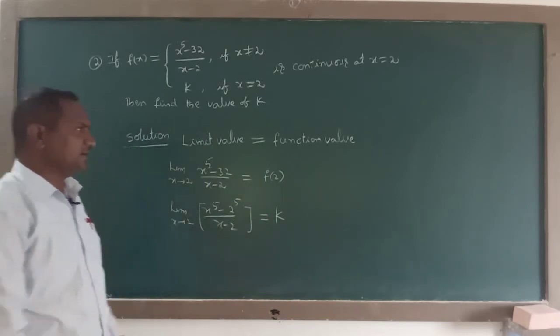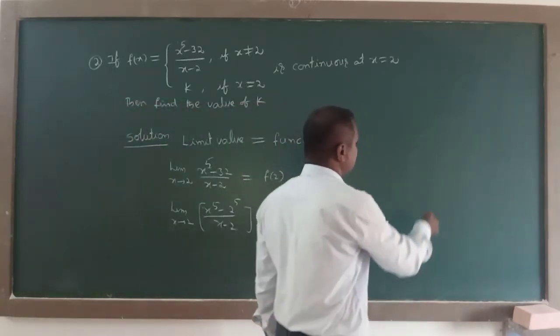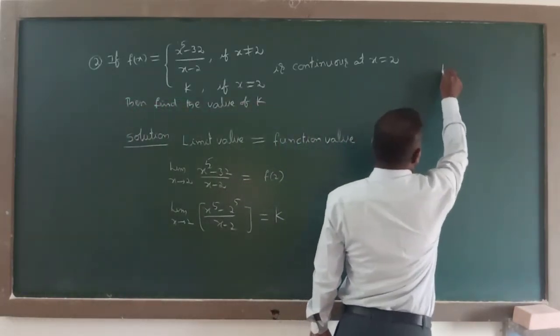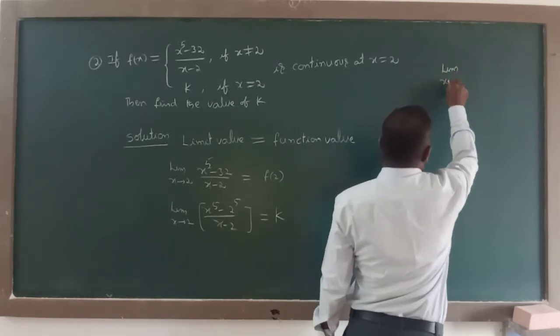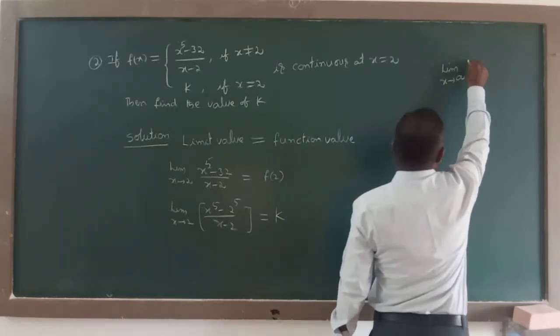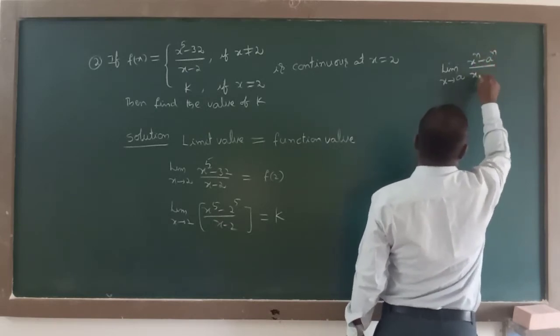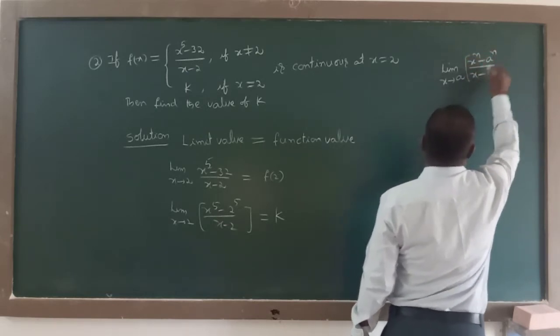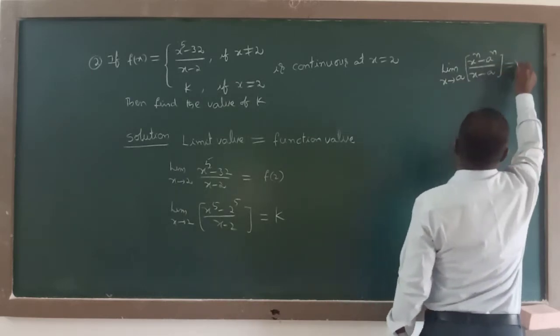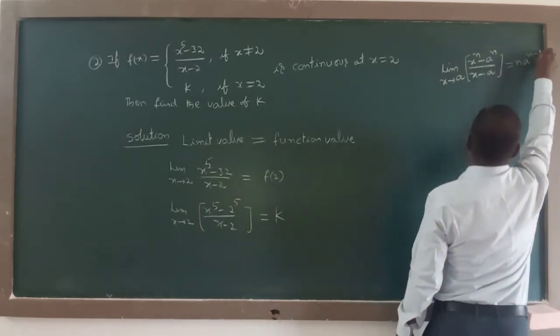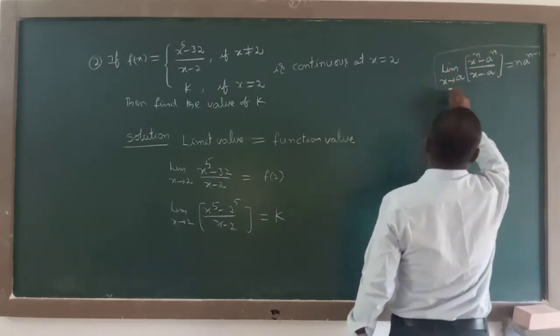For the left hand side, how to apply this formula? Limit x tending to a of x to the power of n minus a to the power of n, whole divided by x minus a, is equal to n into a to the power of n minus 1. This formula we have to apply.